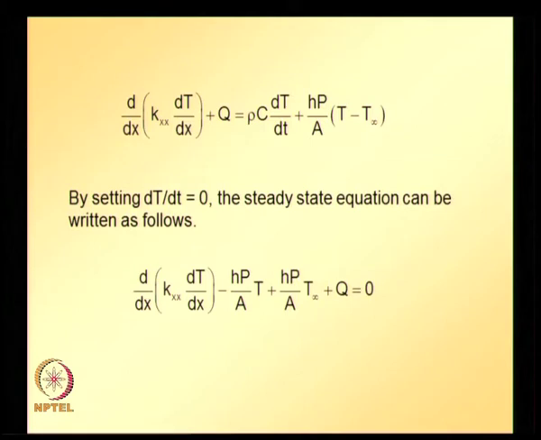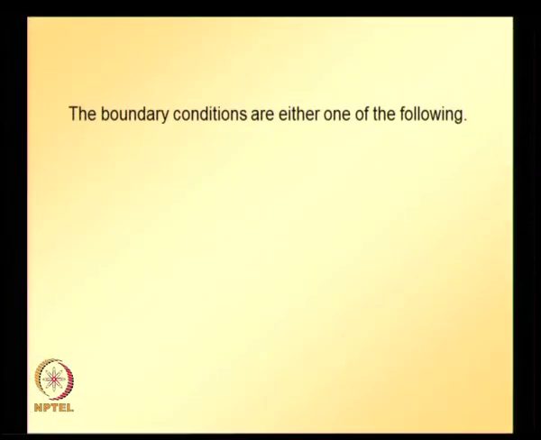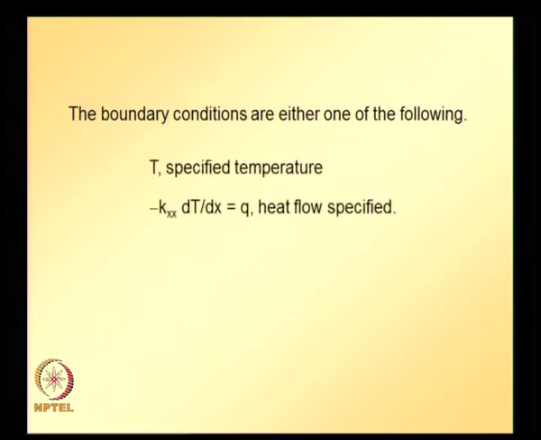So now let us look at what are the boundary conditions. Boundary conditions can be one of the following: either temperature specified or heat flow specified. First one is essential boundary condition, second one is natural boundary condition.